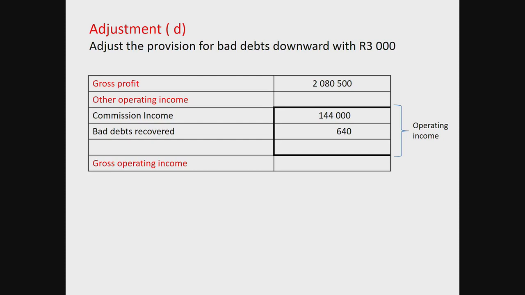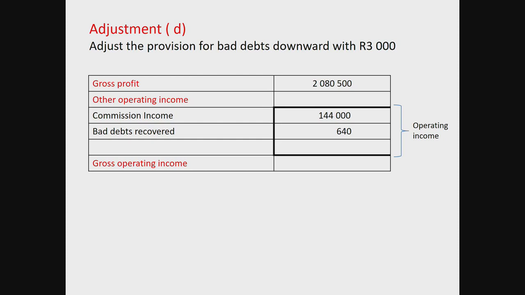It says, adjust the provision for bad debts downward, which means the provision for bad debts is decreasing. And the preposition is not "to" 3,000. It says "with" or "by" 3,000, which means the amount must change with 3,000.